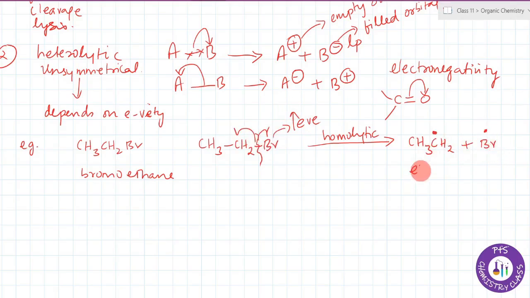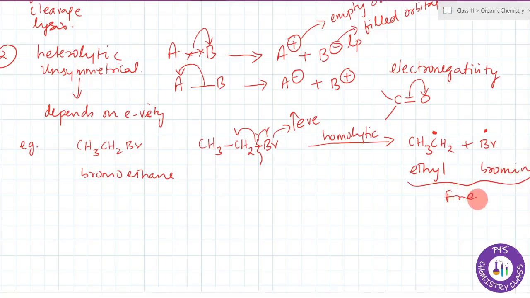So you get what is called ethyl free radical and bromine free radical. We don't say bromide, because that means a minus charge. Two free radicals are produced as a result of homolytic fission of this bond in the reaction.